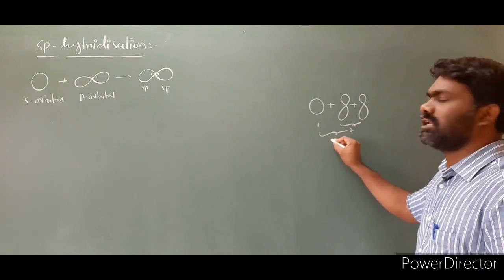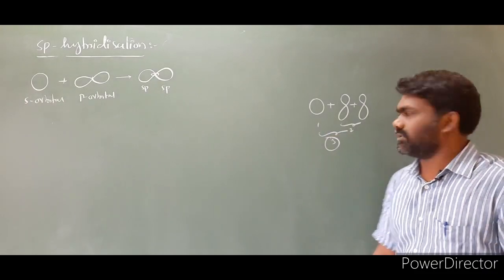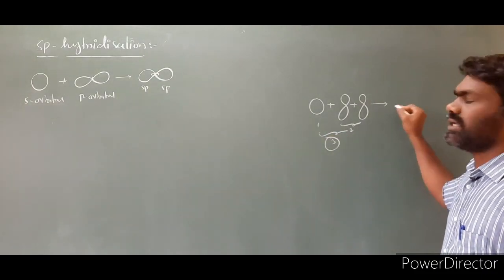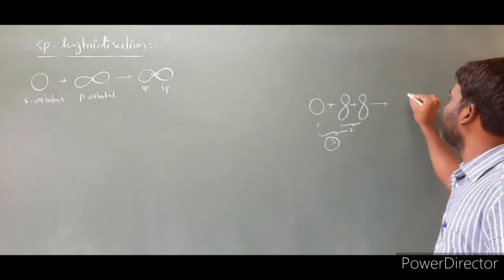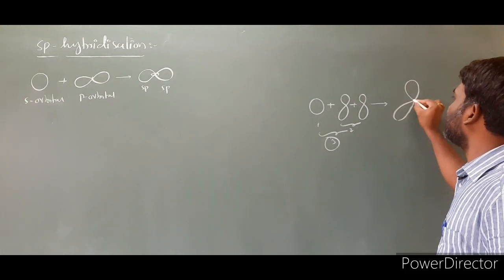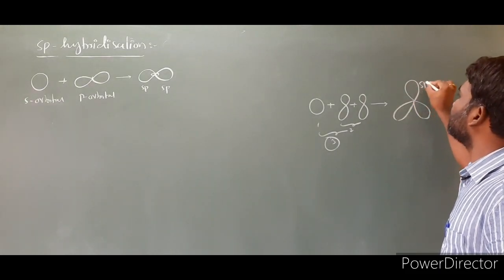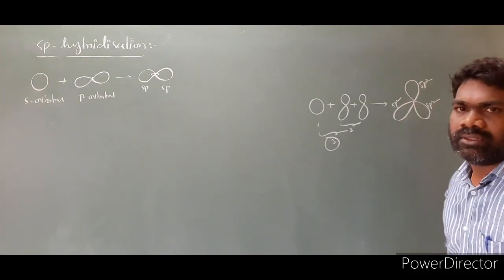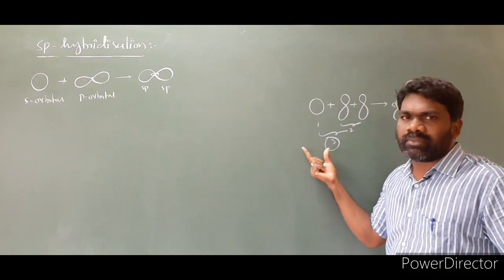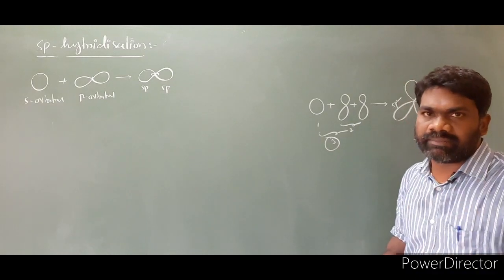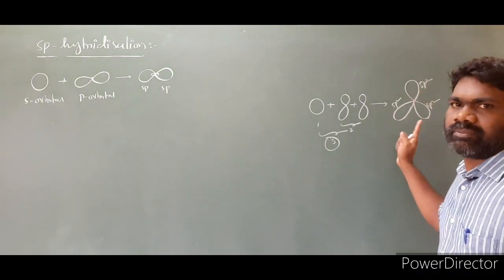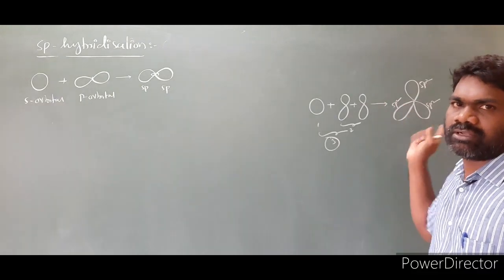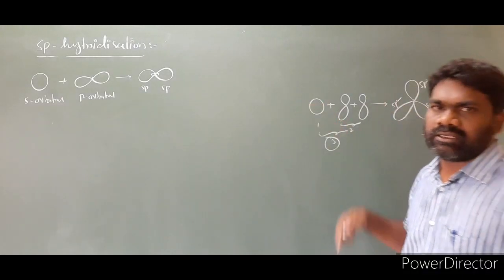Total number of orbitals intermixing is three, so you will get three hybrid orbitals: this is one sp2, this is another sp2, this is another sp2. So the point is, however many pure atomic orbitals are intermixing, that many hybrid orbitals you will get. This point you should never forget. Based on this only you will write the different molecules.